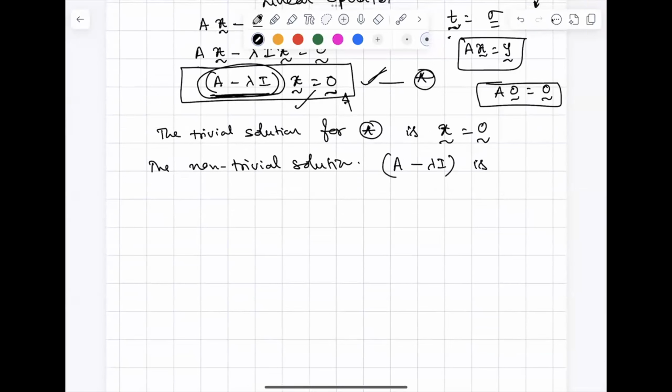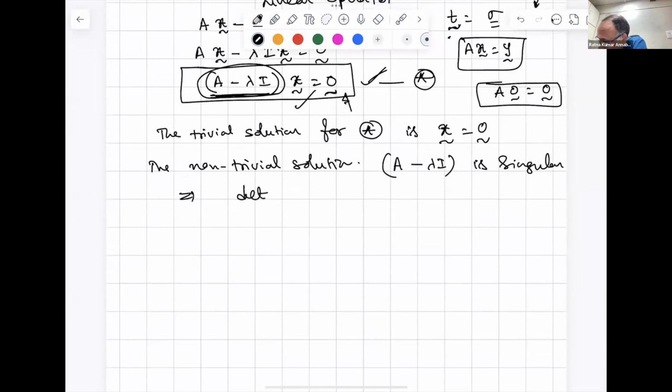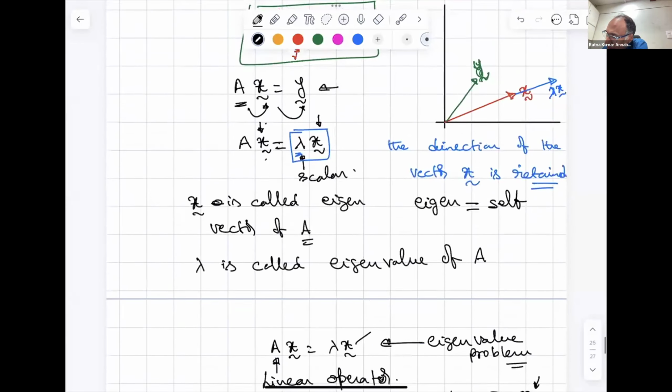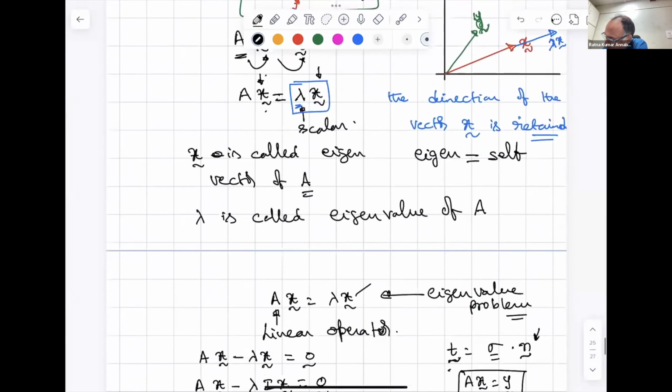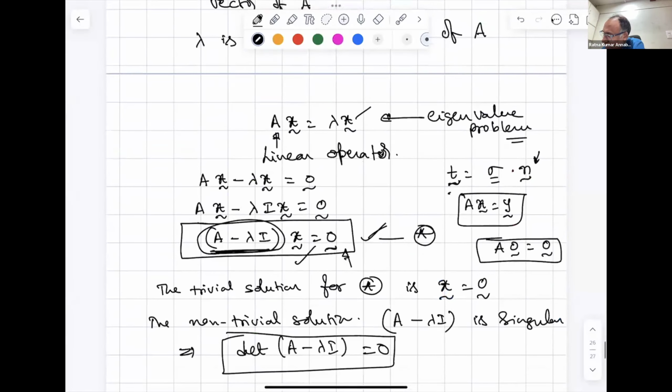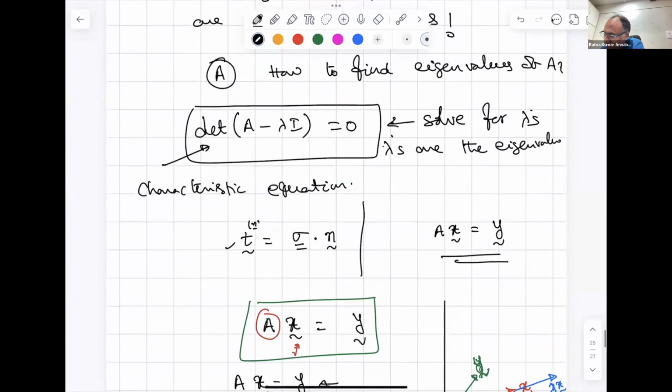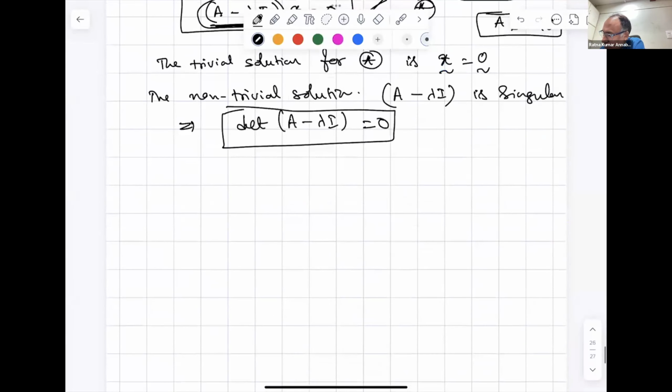Singular means determinant is 0. That implies the determinant of A minus lambda I must be equal to 0. That is when the matrix A minus lambda I will become singular. And that is the reason why, whenever you are required to find the eigenvalues of a matrix A, you do determinant of A minus lambda I equal to 0. Somewhere we have written here. The reason for that is this.